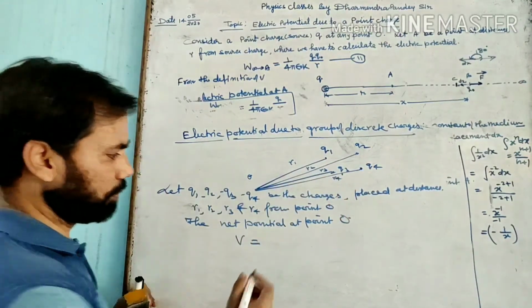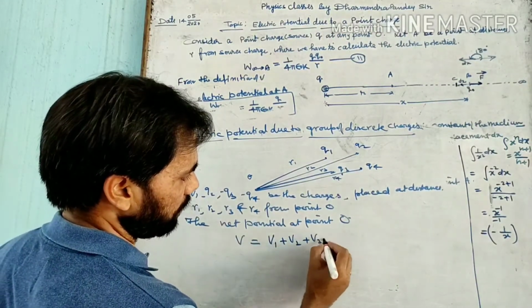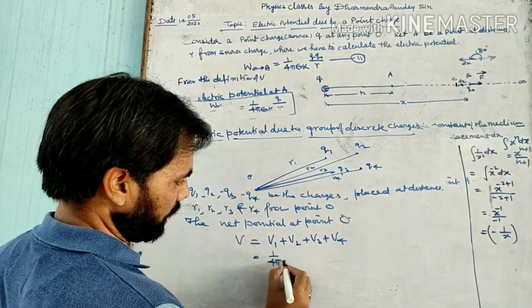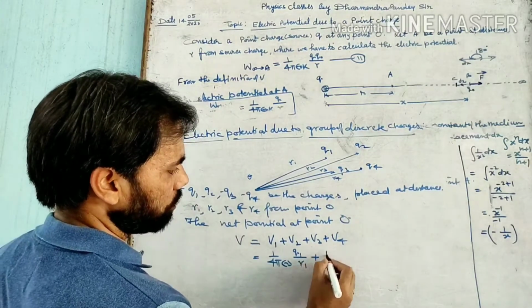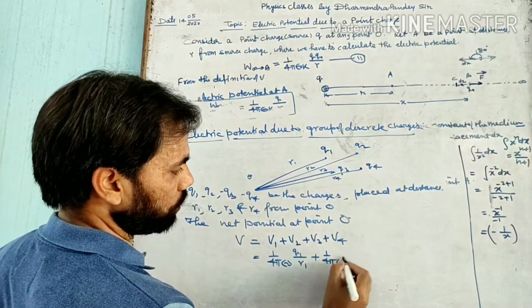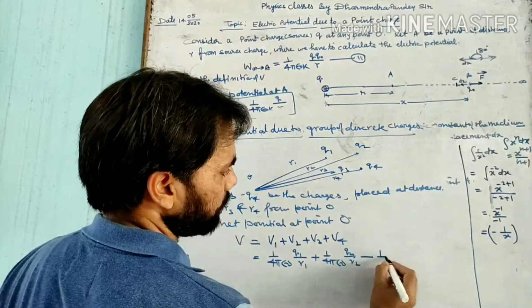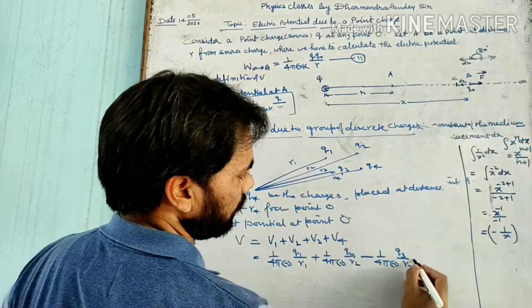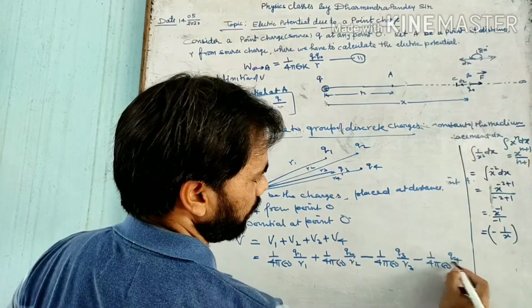So this can be written as V1 plus V2 plus V3 plus V4, and this is nothing but 1 upon 4 pi epsilon 0 Q1 upon R1 plus 1 upon 4 pi epsilon 0 Q2 upon R2 minus 1 upon 4 pi epsilon 0 Q3 upon R3 minus 1 upon 4 pi epsilon 0 Q4 upon R4.